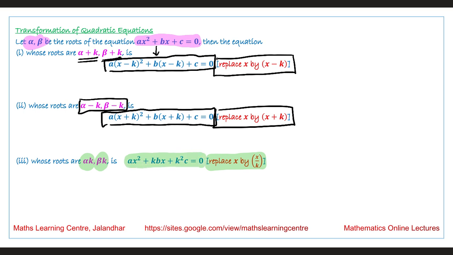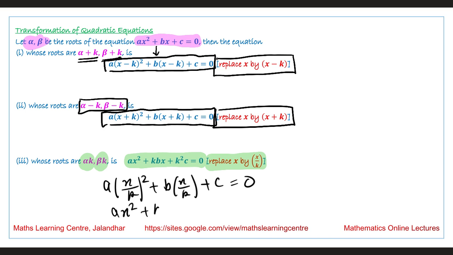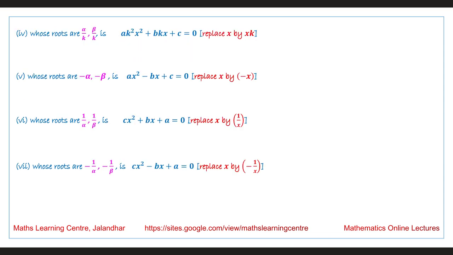When we replace x by x by k, this equation becomes a times (x by k) square plus b times (x by k) plus c is equal to 0. If we multiply it by k square, we get a x square plus b k x plus c k square is equal to 0. So this is the equation whose roots are alpha times k and beta times k.